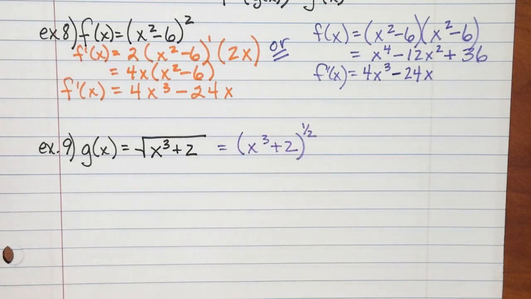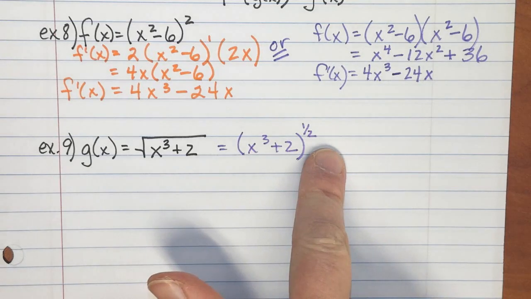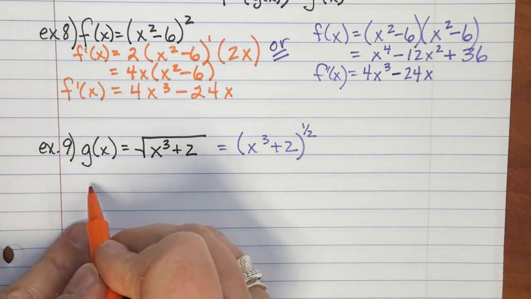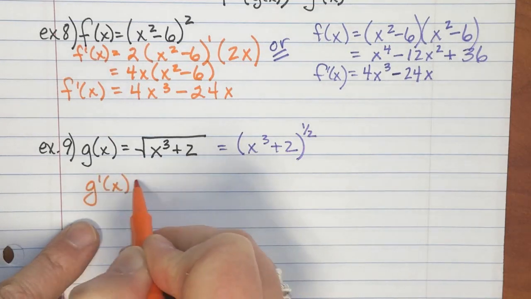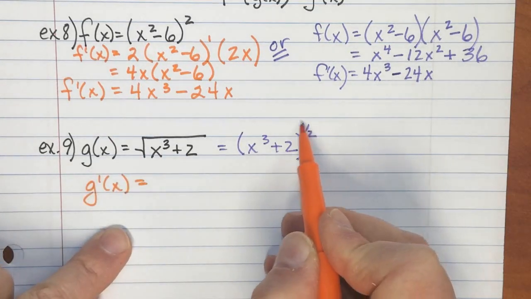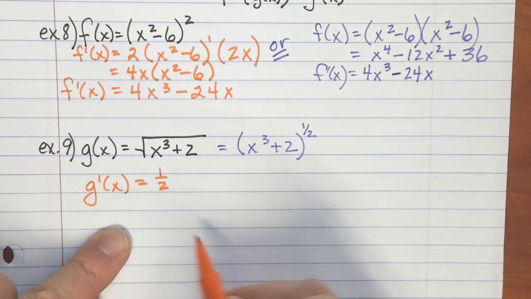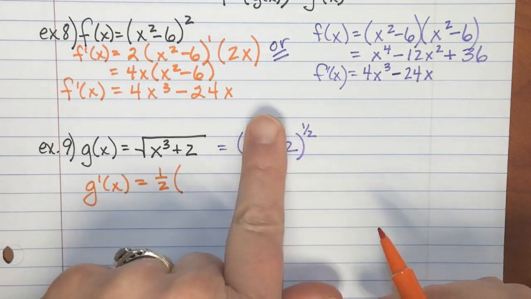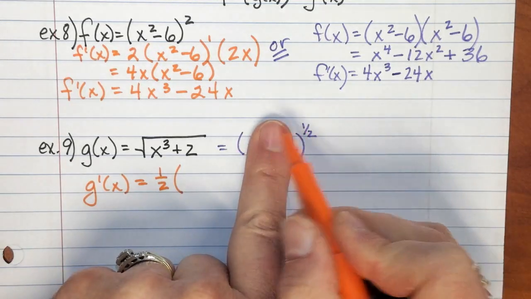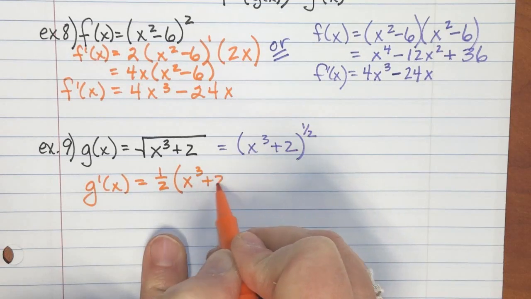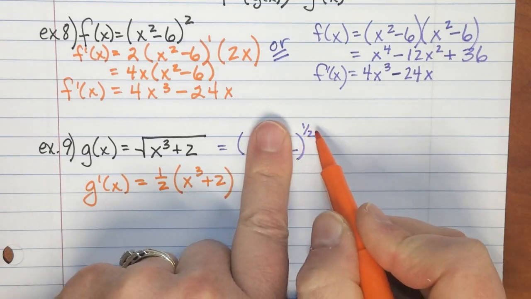Now I can take the derivative because it has the power and I can apply the power rule. So the derivative of function g would then be 1/2 times the coefficient in front, so that's 1/2 times 1. And remember, we're treating this whole thing as the big function, so we just rewrite this and reduce the power by 1.